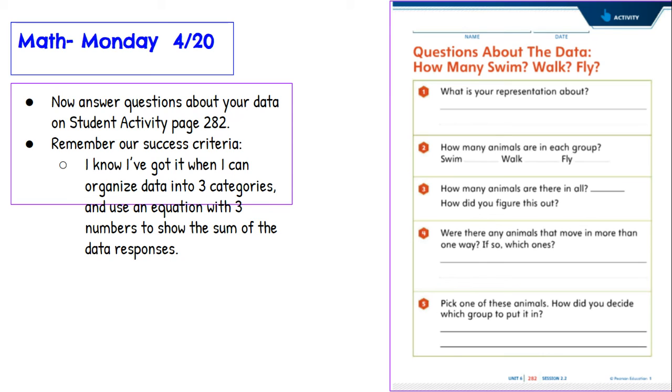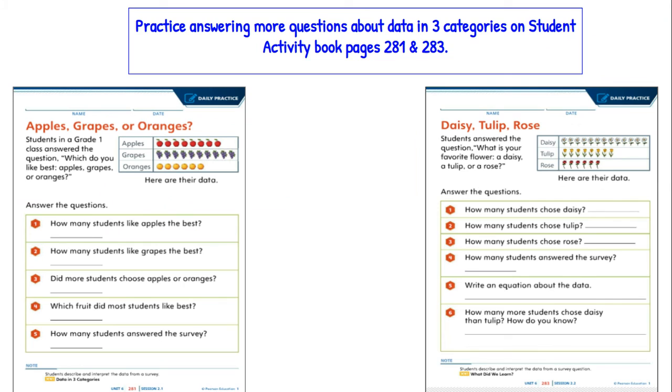Once you have completed this page, you may submit it on Google Classroom. If you want to do extra practice, you may do pages 281 and 283 in your workbook. Now, these are extra practice reviewing what we learned last week, so you don't have to do them, but it's never a bad idea.